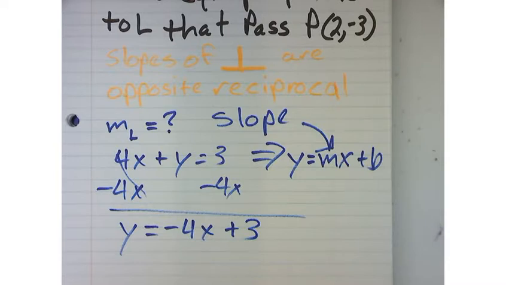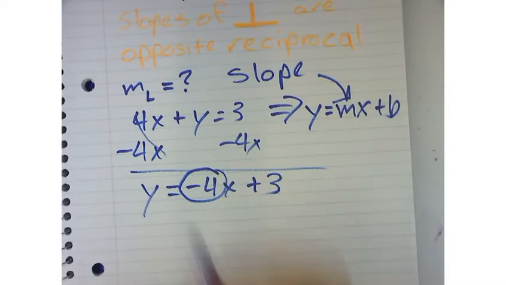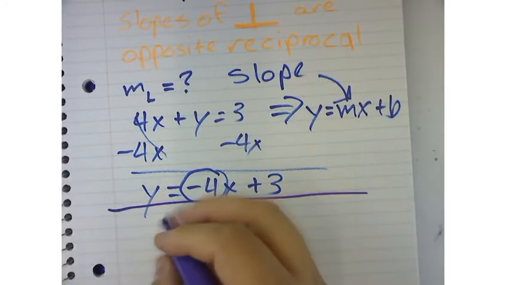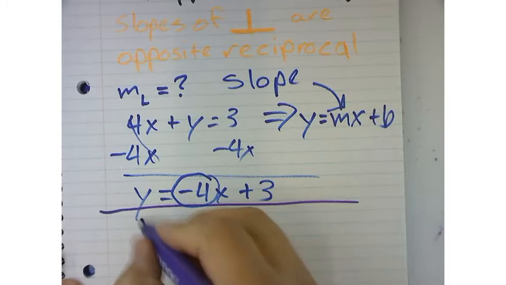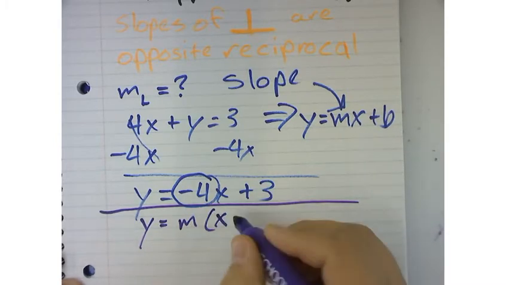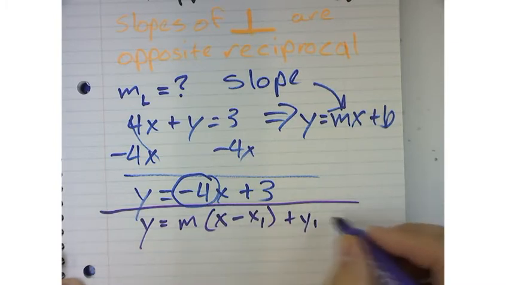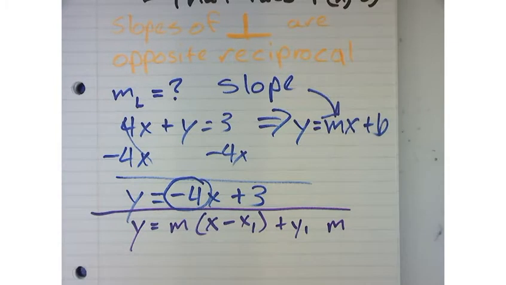What did I do? I found the slope. And now, how does that help me on the next portion of my task? I have to flip it and take the opposite. So that means that my slope for my next line, in other words, I'm going to write the equation of the line, which is y equals mx minus x sub 1 plus y sub 1, will have the slope of the negative reciprocal of -4.